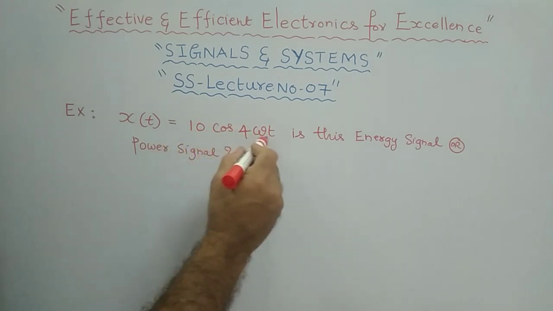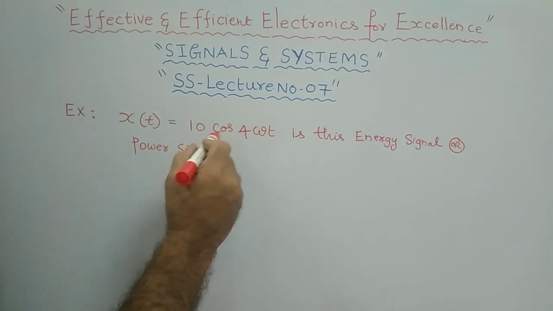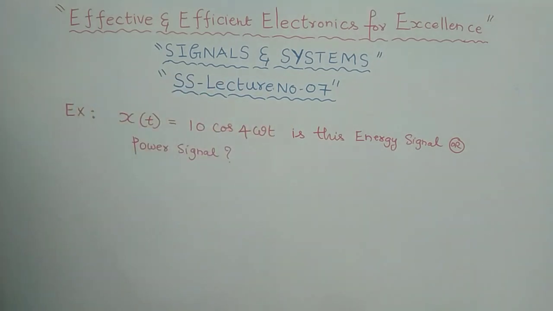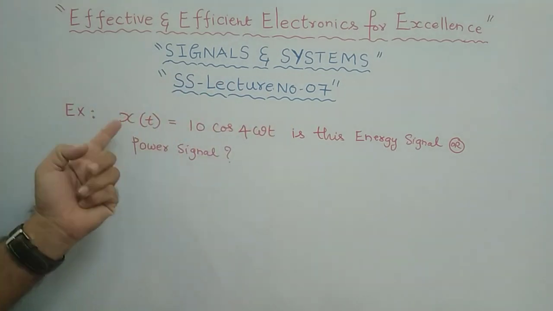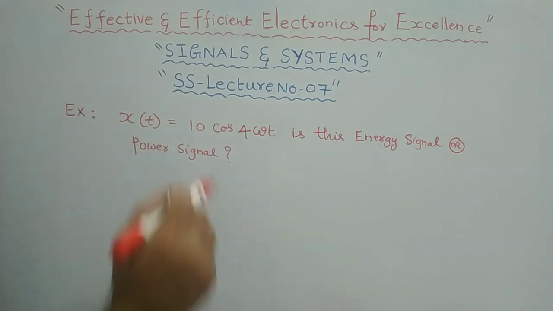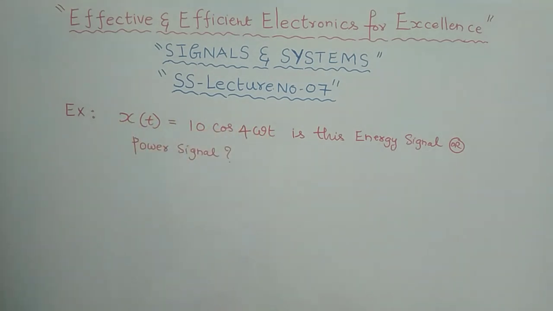So the given signal is x of t is equal to 10 cos 4 omega t, and you are asked to find out whether it is an energy signal or a power signal.